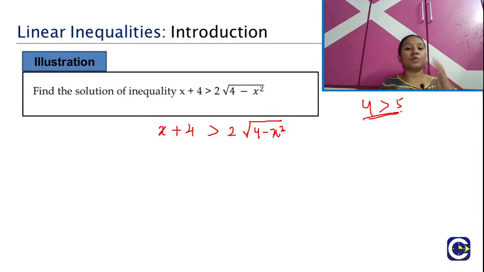To make sure both sides are positive, we have to bring in a condition. So for the inequality, the first thing is to derive a condition. How will we derive the condition here? That will be the first step.